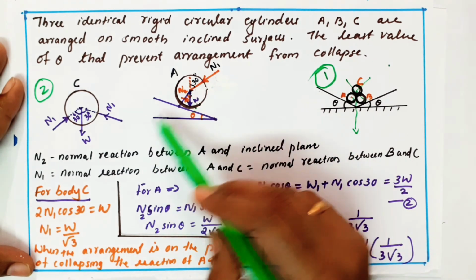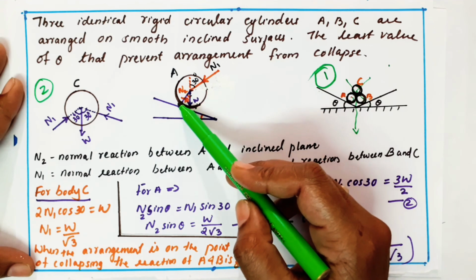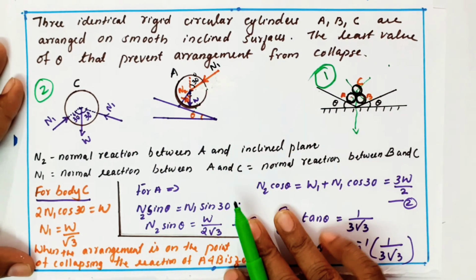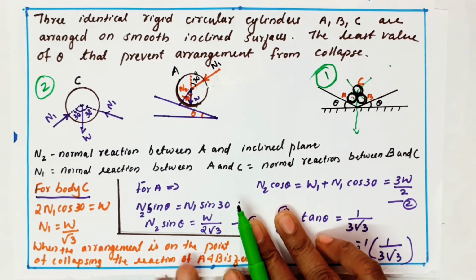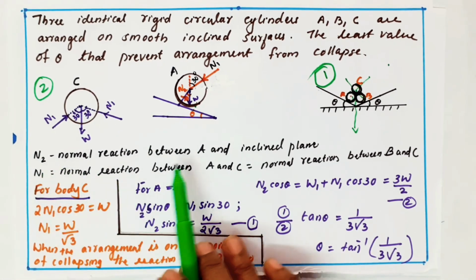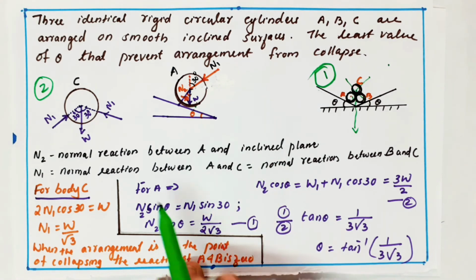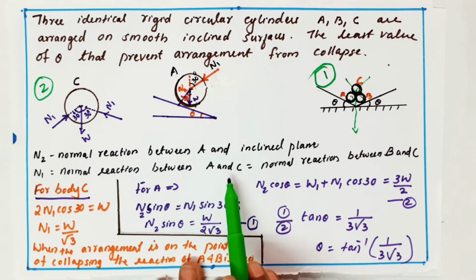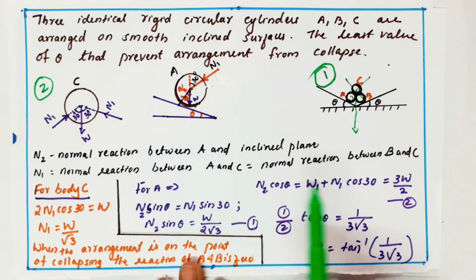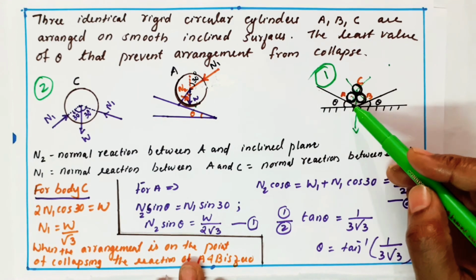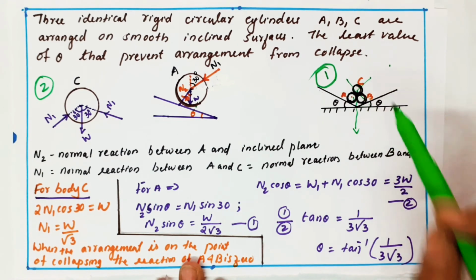Of the normal reactions, one is perpendicularly up. Other than that, see, there are two normal reactions I marked. N2 I marked, that is the normal reaction between A and the inclined plane. And N1 is the normal reaction between A and C, B and C. That is these two I marked. Other than that, N2 is there.